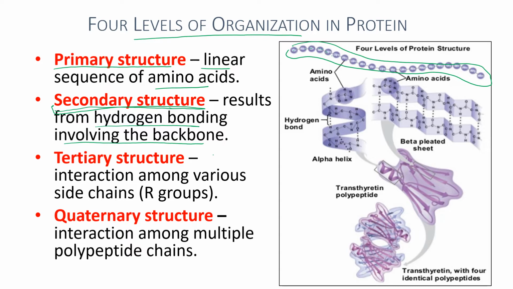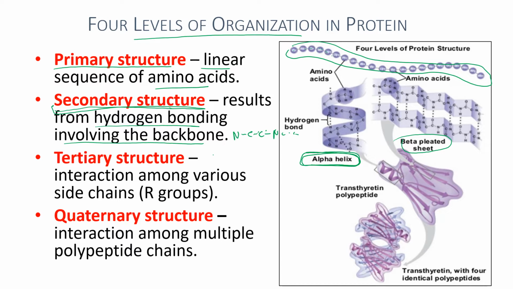So remember, the polypeptide chain has a backbone: nitrogen, carbon, carbon, nitrogen, carbon, carbon. That is the backbone of a polypeptide. This secondary structure has two types. It can be coiled into an alpha helix structure, or folded into a beta pleated sheet.